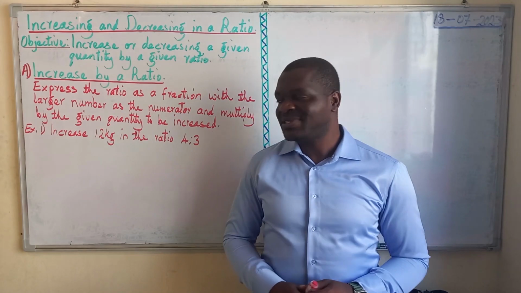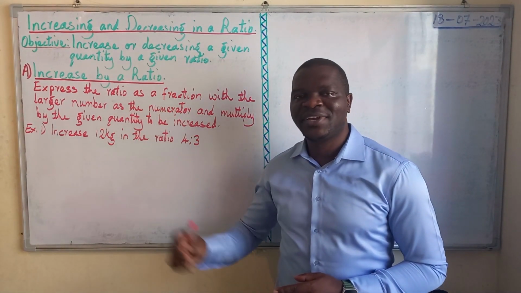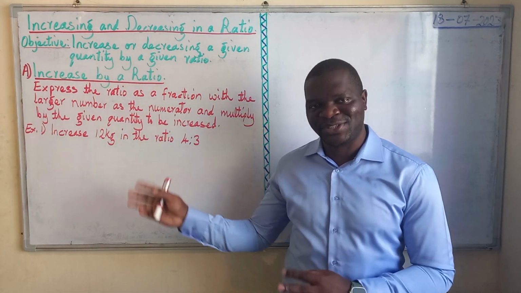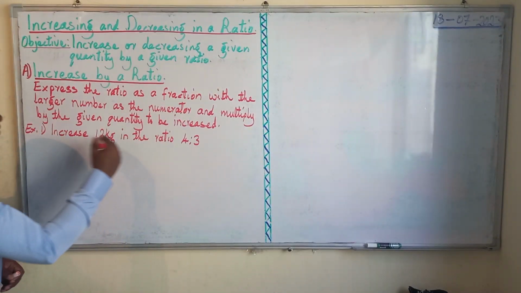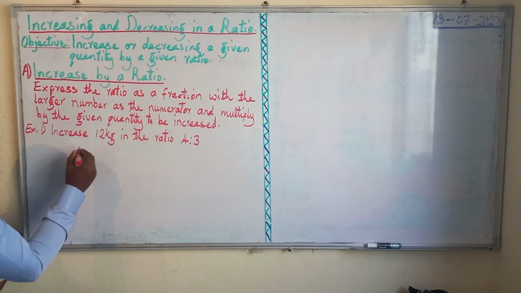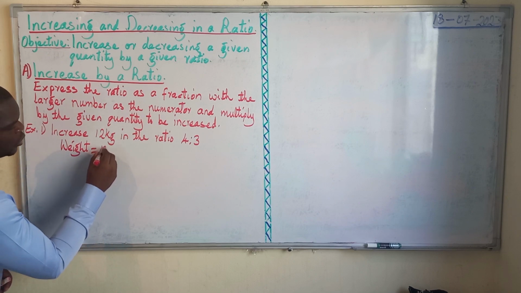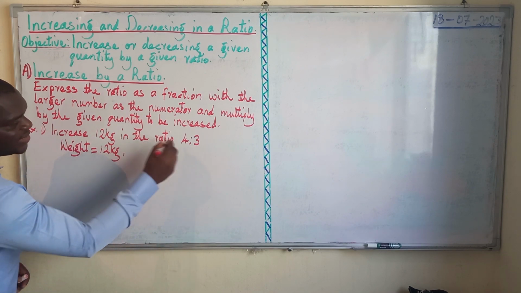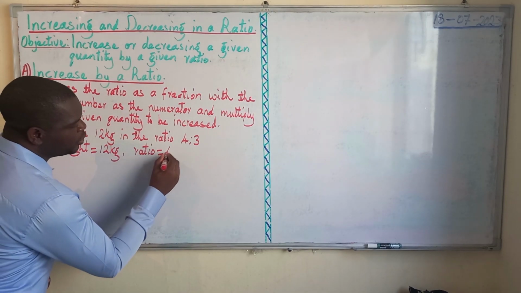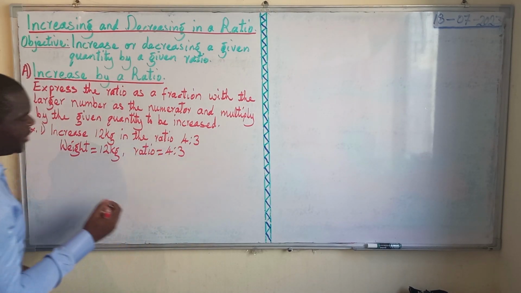The first example says increase 12 kilograms in the ratio 4:3. With this, first we identify the quantity. What is the weight to be increased? Weight is equal to 12 kg, and the ratio is equal to 4:3.